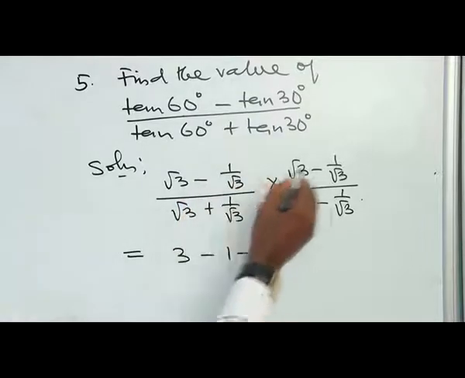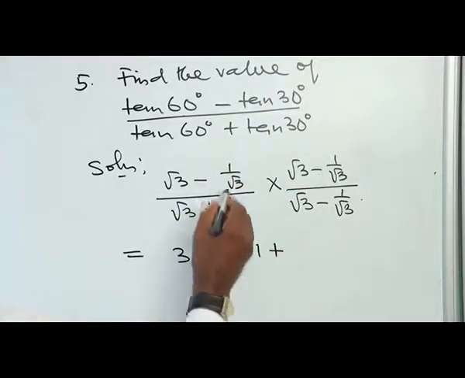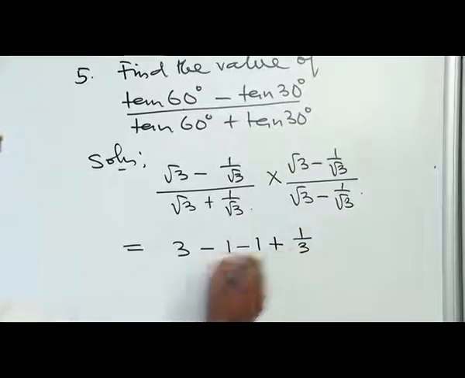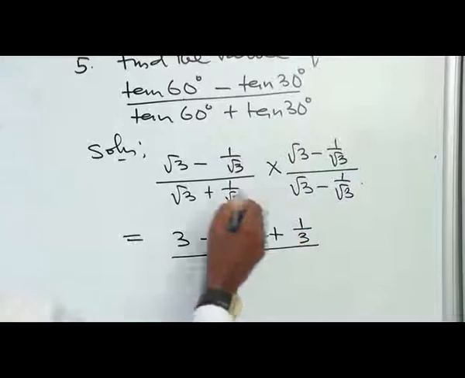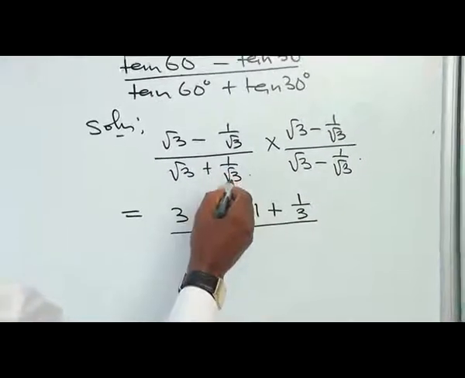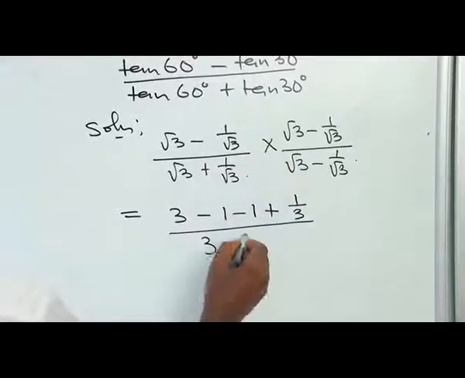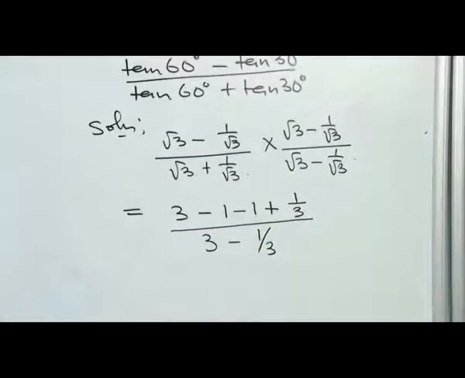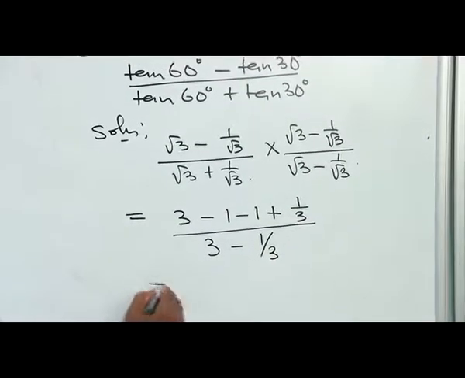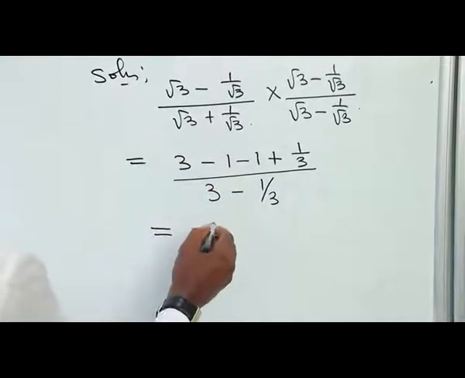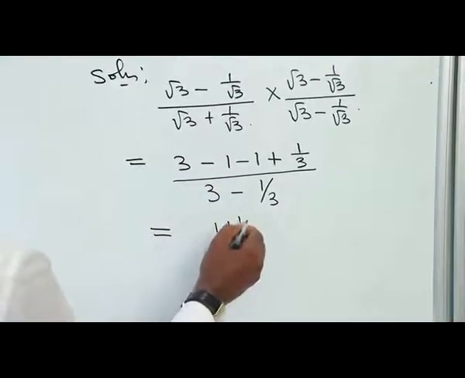Then minus times minus is going to be plus, and then this times this will give you 1 all over 3. Everything here will be root 3 times root 3 is 3, and then 1 over root 3 minus that times minus that will give you also 1 over 3. You have rationalized, and we now have 3 minus 1 will give you 1, and then plus 1 over 3.